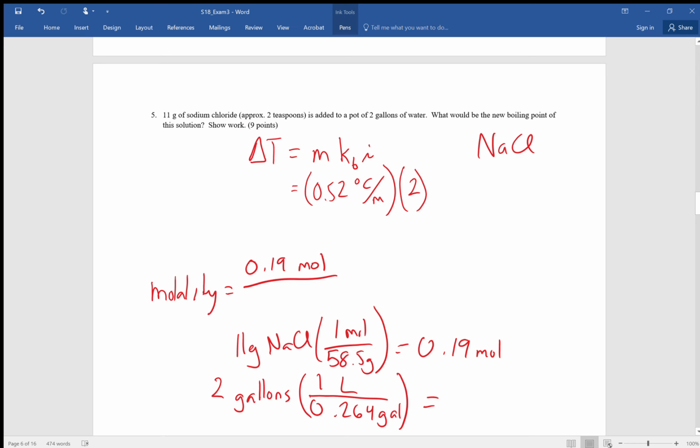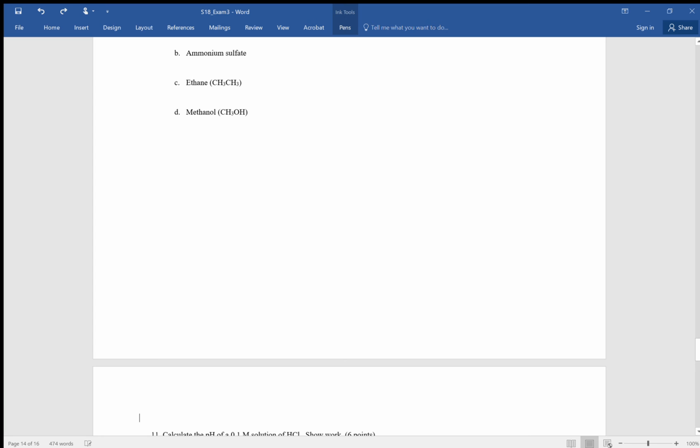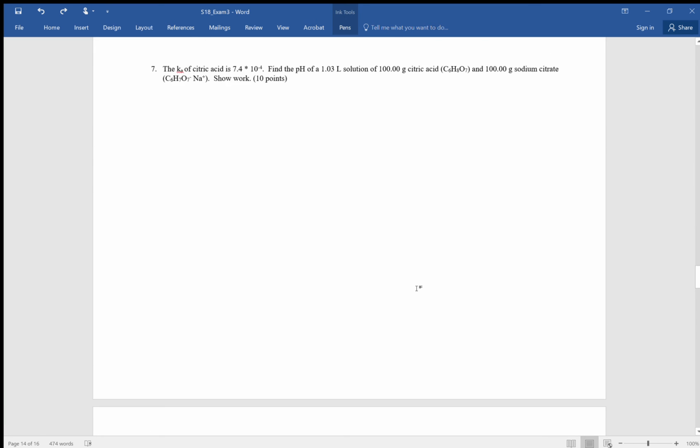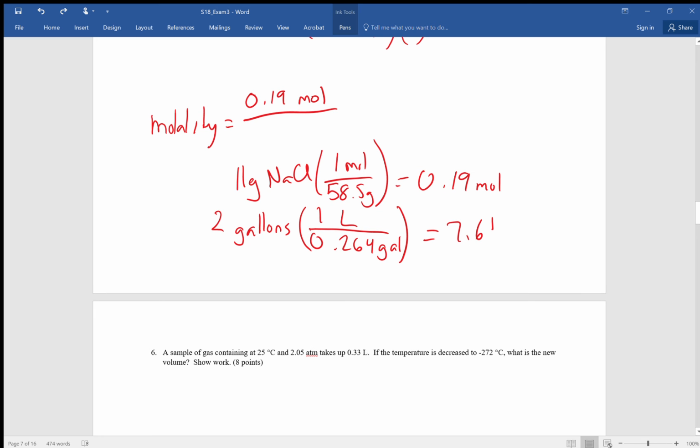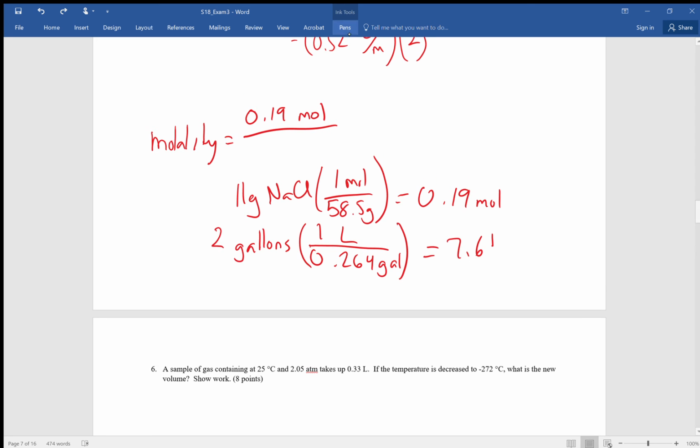So if we calculate that out, we get 7.6 gallons. We get 7.6 liters of water.